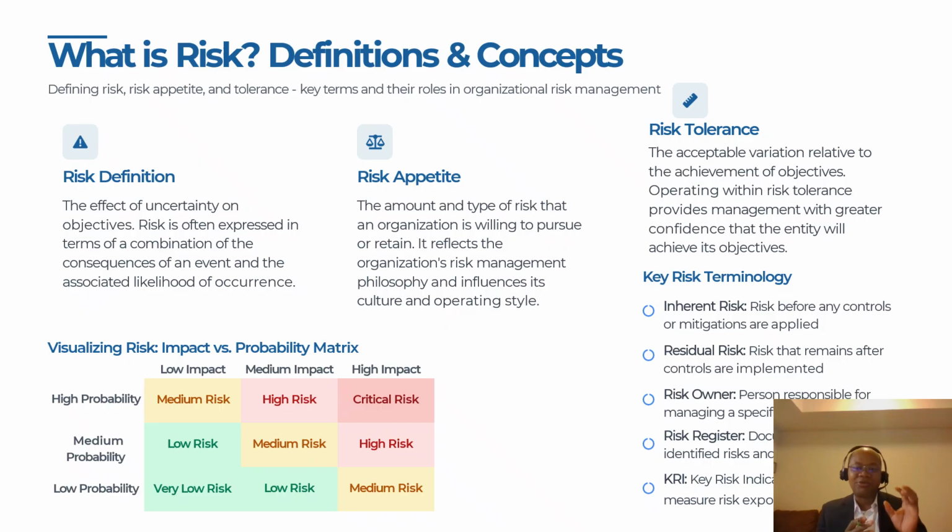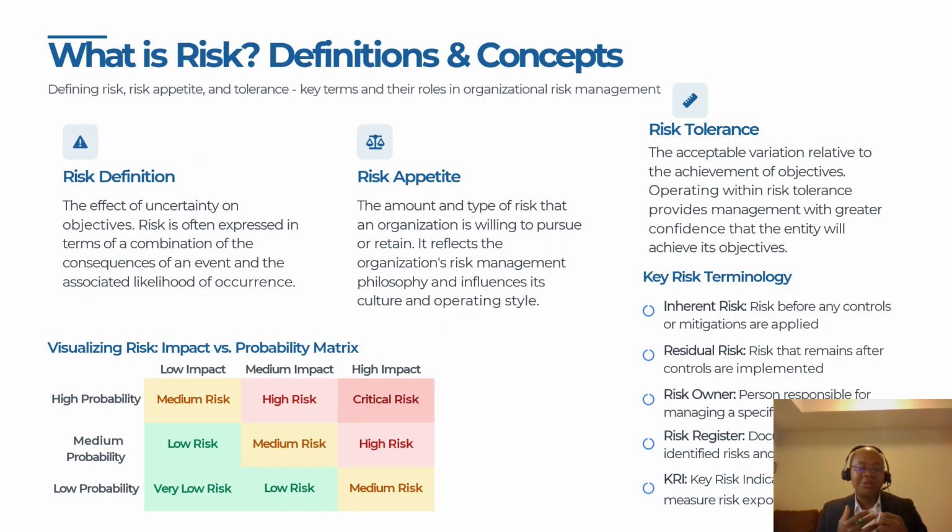That's to say, risk is a function of the likelihood of an event happening and the consequences or impact if the event eventually occurs.